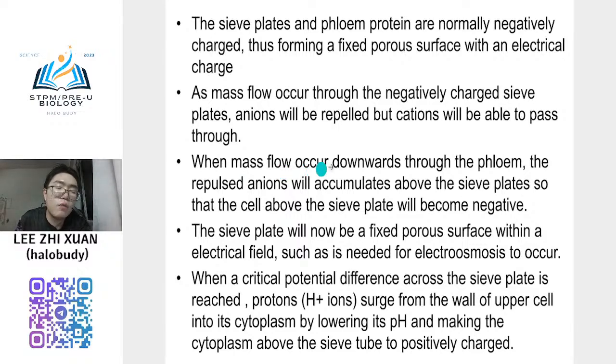So the cation, potassium ion, will be transported from the companion cell into the sieve tube element. When mass flow occurs downward through the phloem, the repelled anions will accumulate above the sieve plate, so that above the sieve plate will become negative. And then the sieve plate is now a fixed porous surface within an electrical field, such as is needed for electro-osmosis to occur.